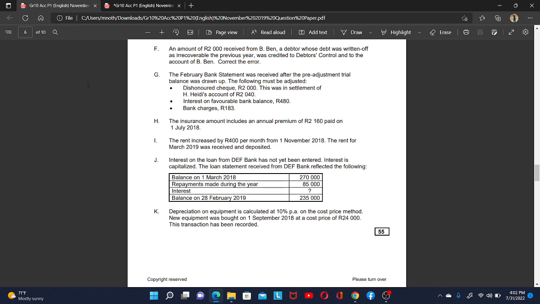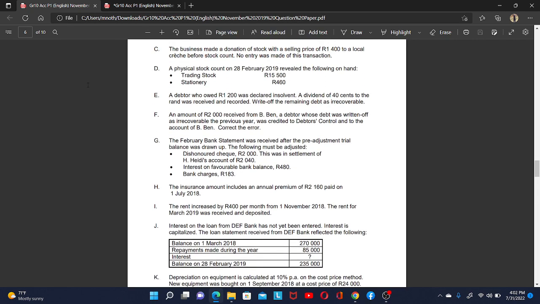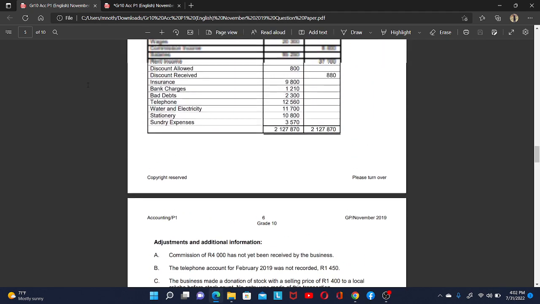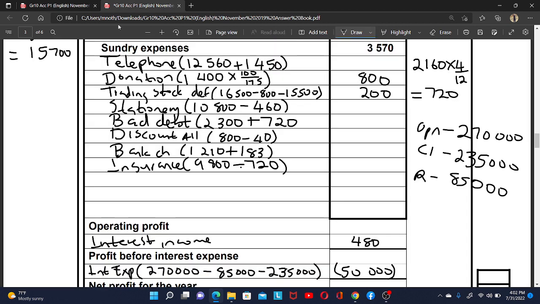Then number K, depreciation on equipment is calculated at 10% per annum on the cost price method. How much is your equipment first? The equipment is 140. So let me just do this first.